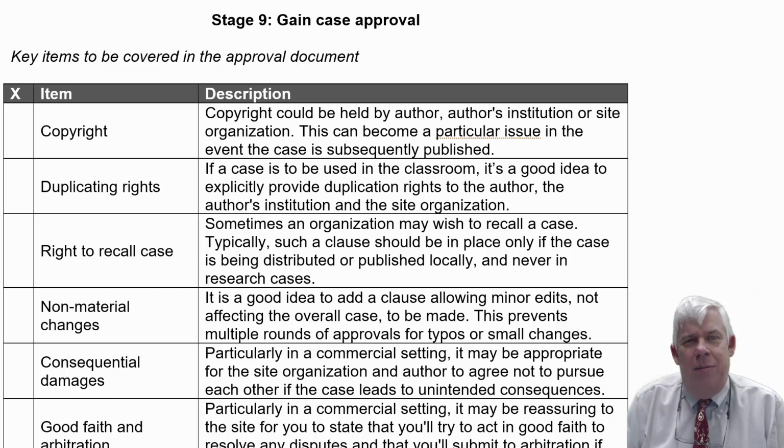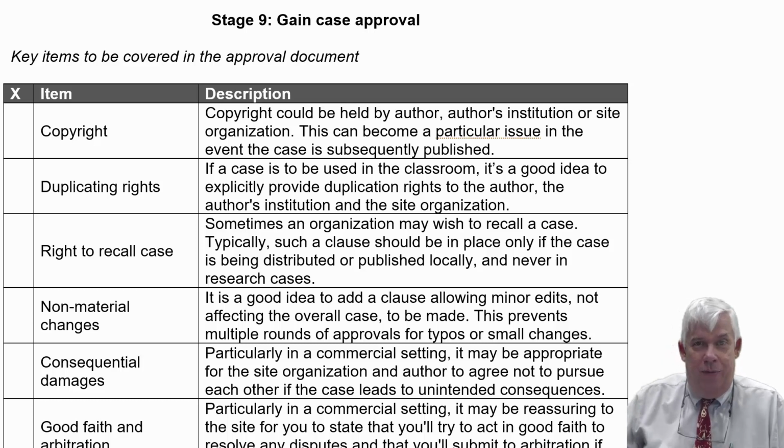Nevertheless, many publishing outlets will require that you have some sort of release document on any case they want to publish. And so the very end of the case process involves getting approval from the organization or organizations that were involved in the case study.